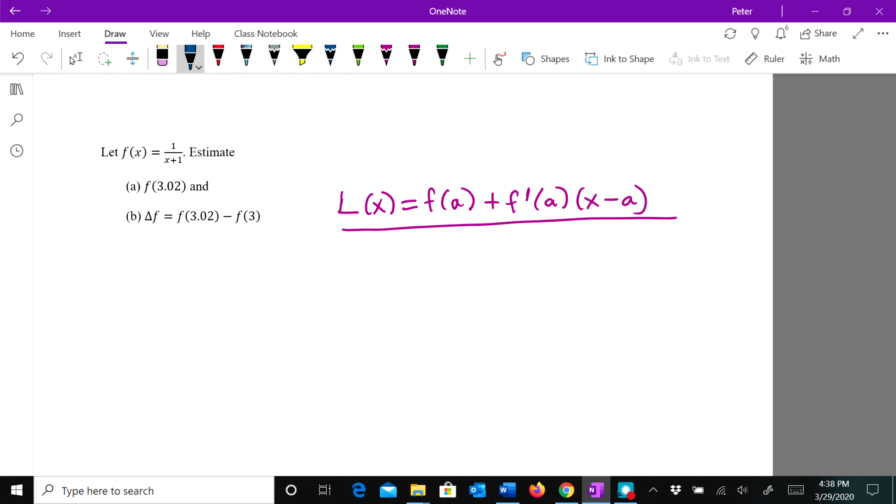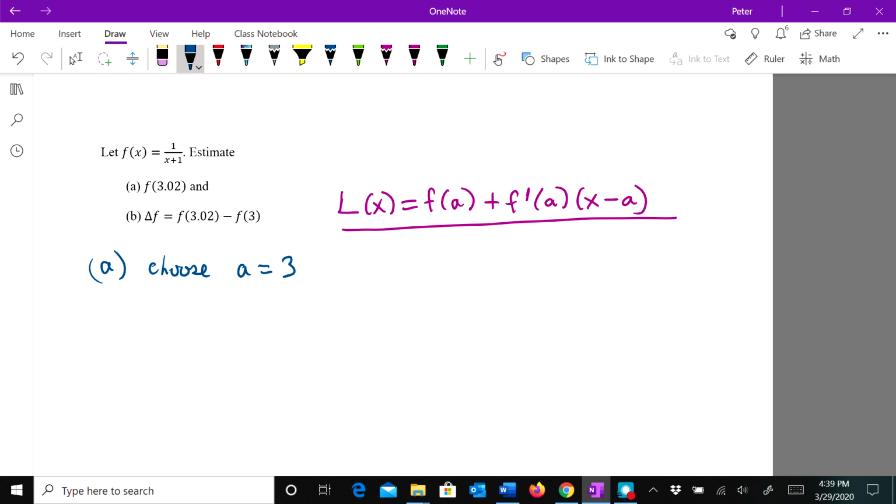What we want to do now is choose an appropriate value of a. As you might guess, it's fairly easy to calculate a fraction when its denominator is an integer. So for part A of this problem, we're going to choose a equals 3. Now, I understand that many people listening to this get freaked out by the idea that you have to choose something.